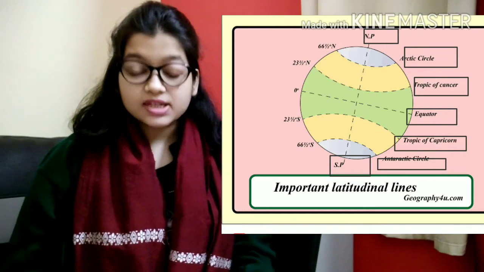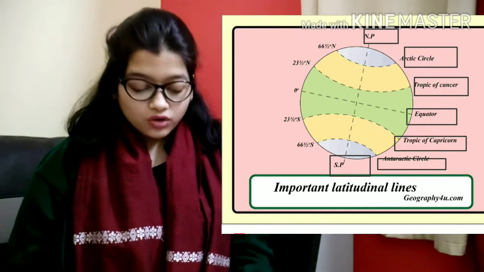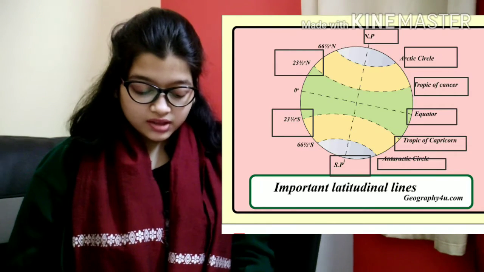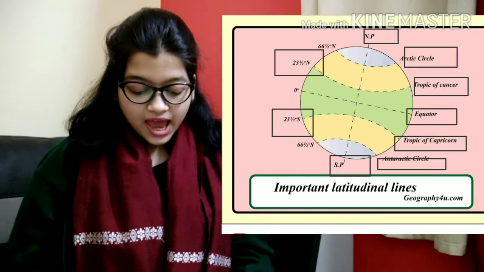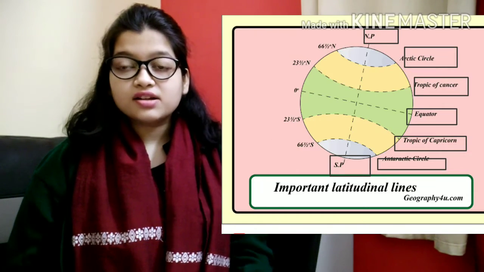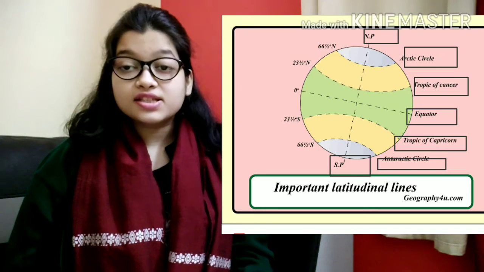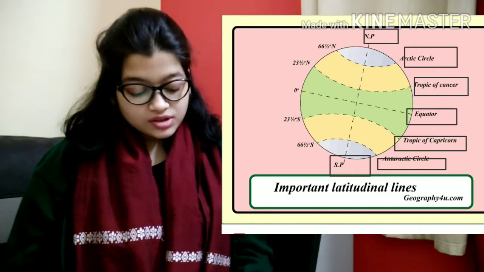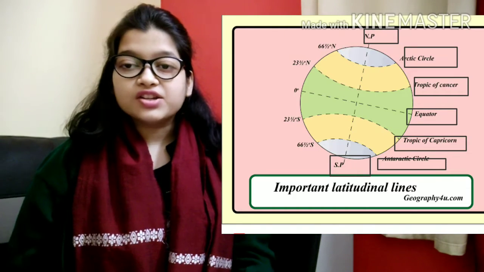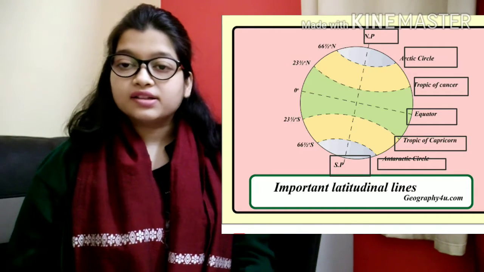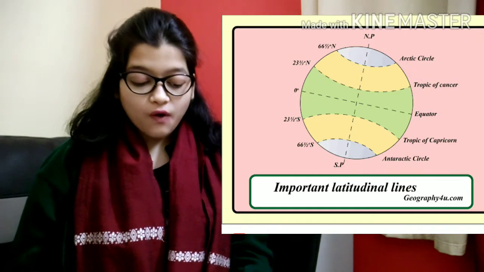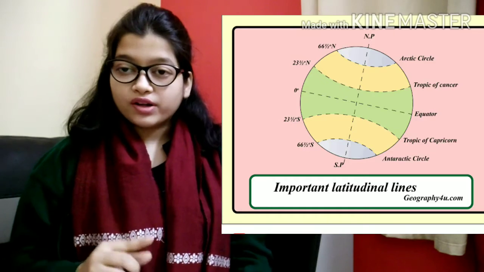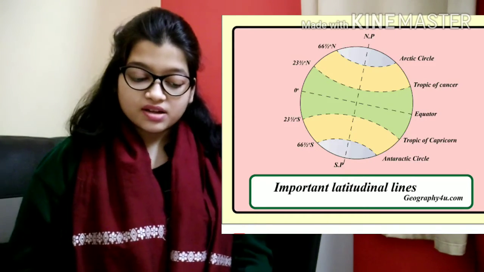The Tropic of Cancer is 23.5 north, the Tropic of Capricorn 23.5 south, the Arctic Circle 66.5 north, the Antarctic Circle 66.5 south, the North Pole at 90 degree north, and the South Pole at 90 degree south. So all these important latitudes with their numerical values are important, and you need to remember them from this paragraph on the grid system.